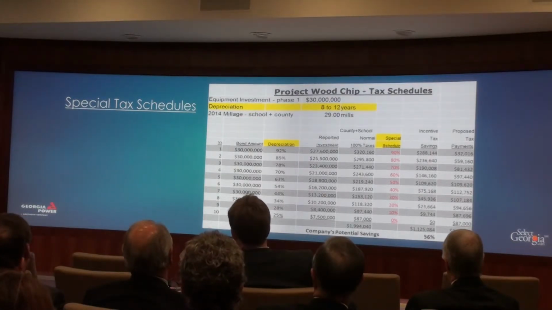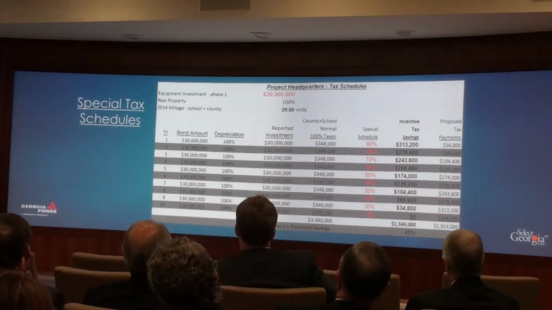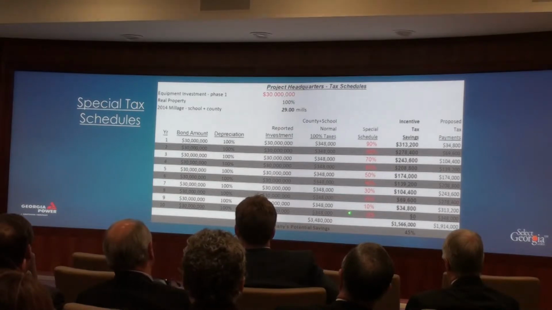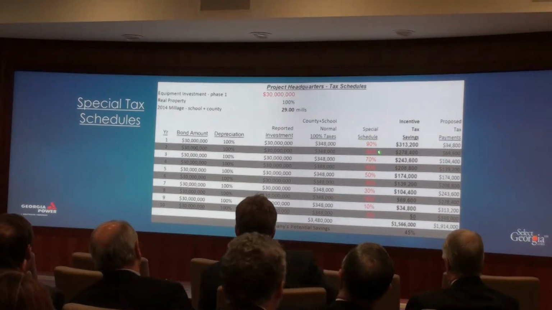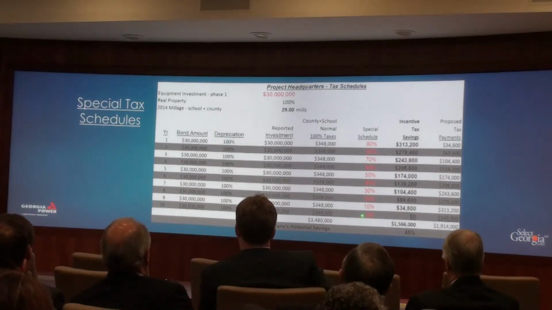Okay. Now, let's distinguish between the impacts of personal property and real property. Example 2. Project investment is the same. It's $30 million. In this arbitrary example, the investment is all in real property. So not $30 million in equipment, but $30 million in real property. At the end of year 10, you still have $30 million impact to your tax base. The schedule, to make my point, is the same, 90% in year one, declining 10% a year.